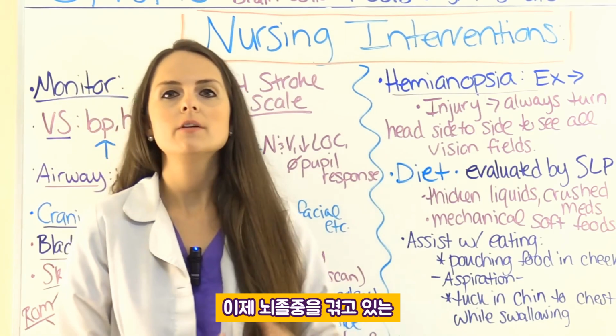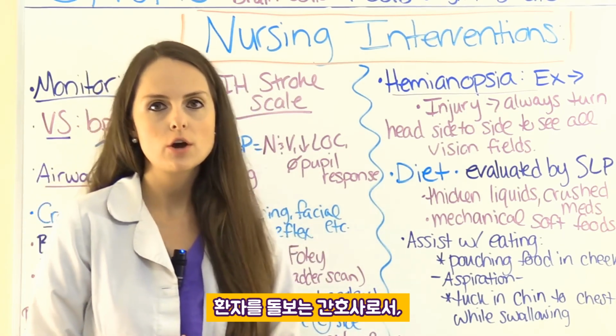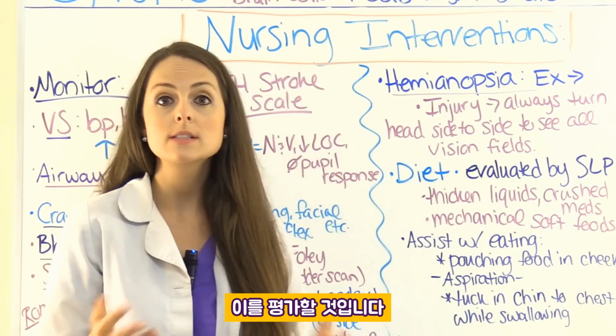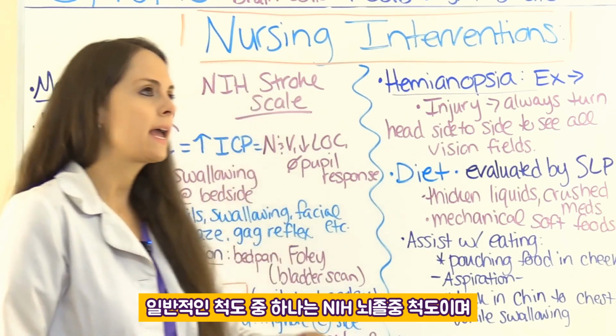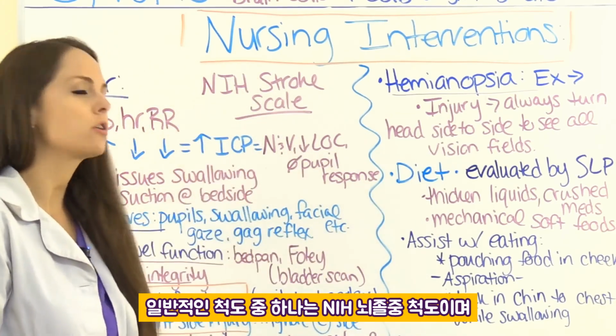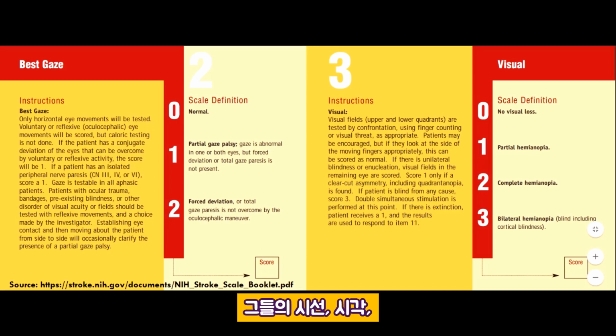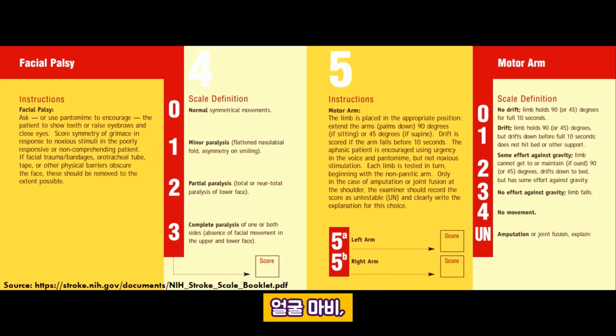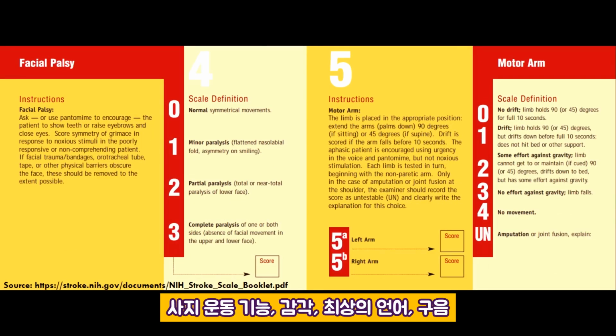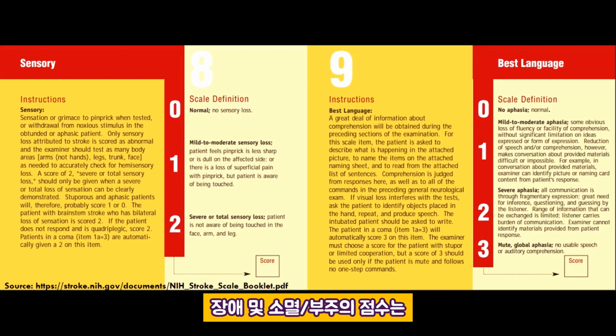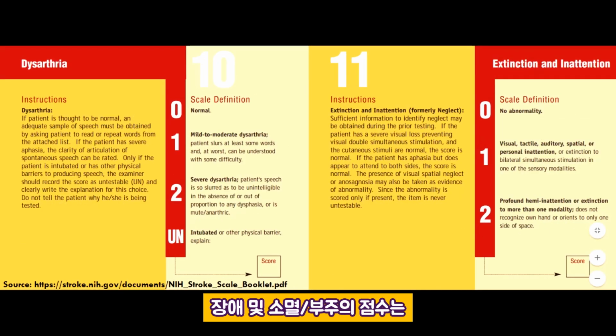Now, as a nurse caring for a patient who's experiencing a stroke, you're going to be assessing them using some type of stroke scale. A common one is the NIH stroke scale, and it assesses 11 different areas, such as the patient's level of consciousness, their gaze, their visual, their facial palsy, motor function of extremities, sensory, best language, dysarthria, and extinction/inattention.